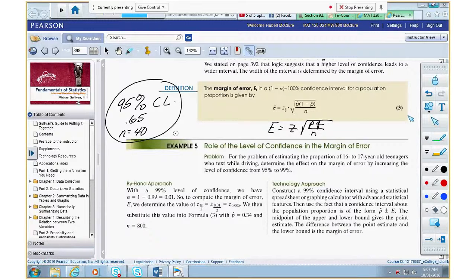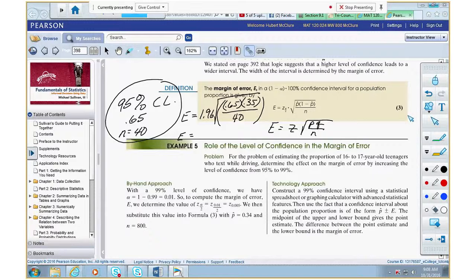E is equal to 1.96 times the square root of P, which is 0.65, times 0.35, over 40. Now, somebody crank all that out and just give me two.